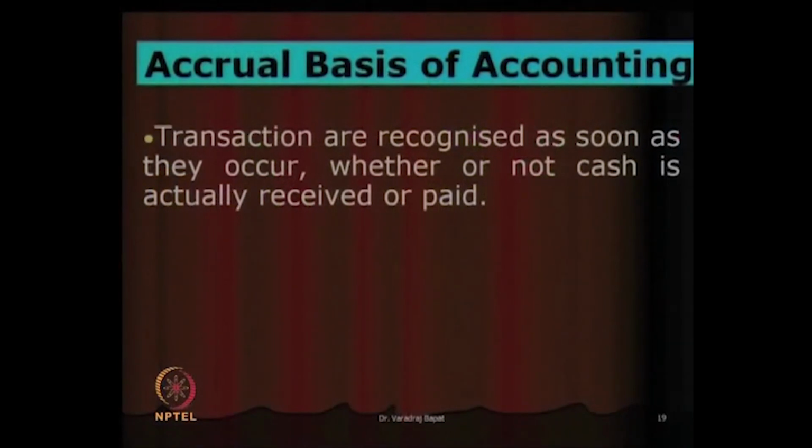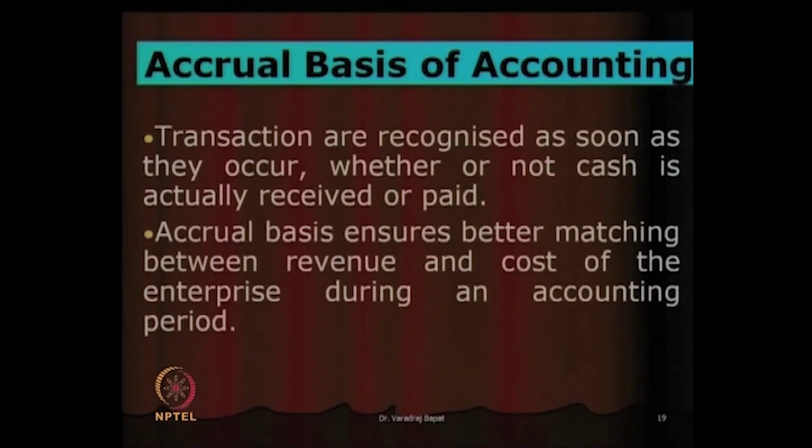Because even if we have not yet received cash, the transaction has actually happened, and once it has happened, it needs to be recorded. This conceptually is known as accrual basis of accounting. Now, here the transactions are recorded as soon as they occur, whether or not cash is actually received.